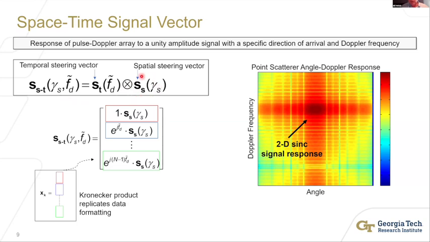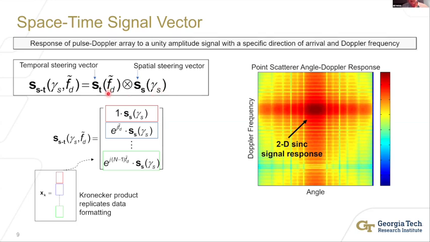So this vector right here is of length M, and it's known as the spatial steering vector. It describes the linear phase progression across the spatial channels for a propagating wave coming from a particular direction of arrival, nominally denoted by this variable gamma sub s.